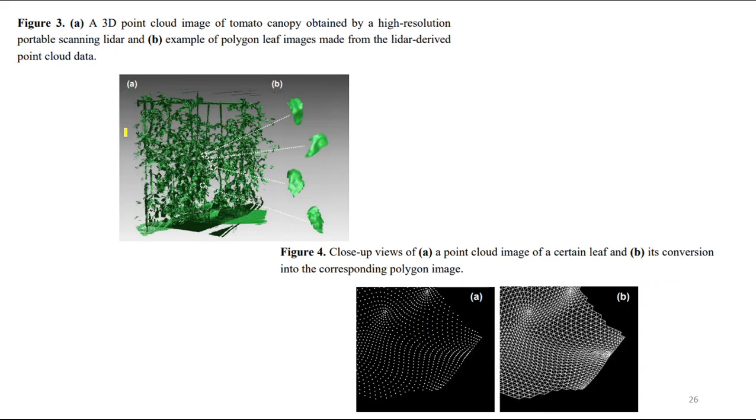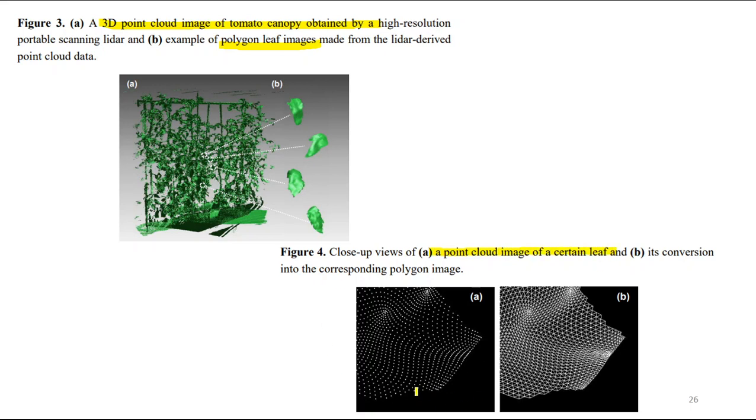Here it shows the result once the point cloud creation is finished. In figure 3, a 3D point cloud image of the tomato canopy is obtained by a high-resolution LiDAR, with an example of a polygon leaf image made from LiDAR-derived points. So here is a tree with its leaf, and figure 4 is a cross view of the point cloud image of a certain leaf.